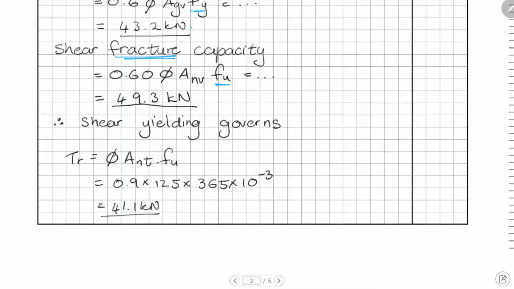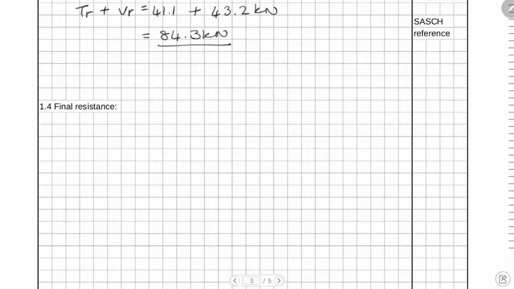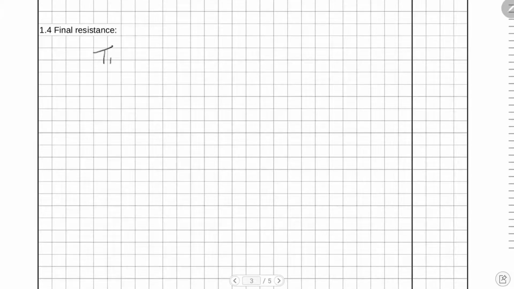And then now we will move on to the total capacity. And so there's our capacity. We can support 8.5 cars with it. And so we get our final resistance as the minimum of all of these. So our tension resistance is the minimum of the gross area, the net area, and then the block shear area, because any of them could fail, and each case will be different depending on the geometry of the section.